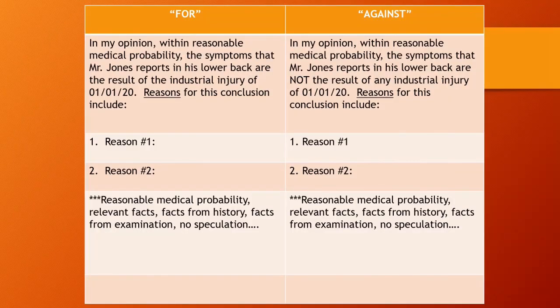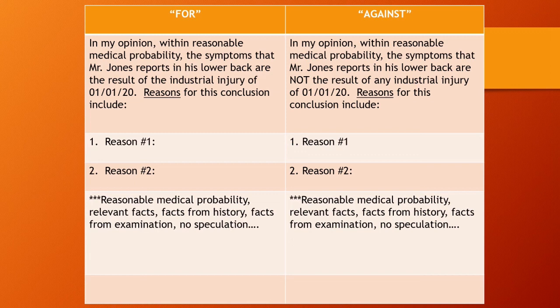Okay, so imagine this. Imagine you're dealing with a denied claim, and the evaluation comes to you for a compensability evaluation under Labor Code 4060, and your job is to tell us whether the symptoms that the examinee is presenting to you with are the result of an industrial injury or they are not the result of an industrial injury. In other words, is this a compensable case?